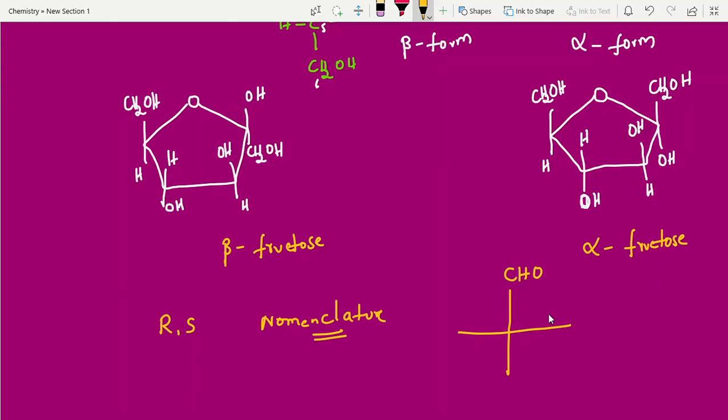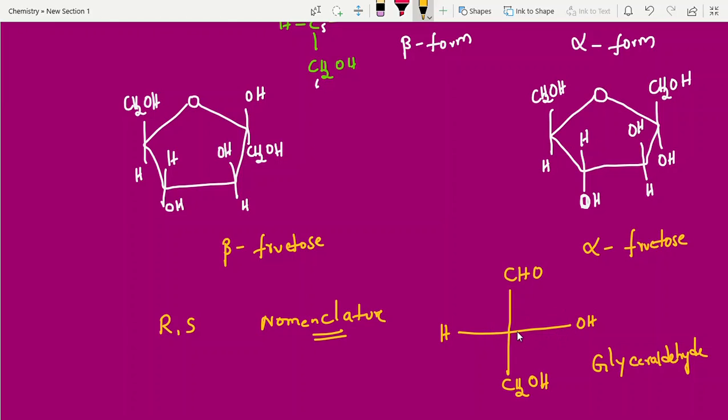One is OH group, one is CHO group, one is R means hydrogen here I am taking. This is CH2OH. This is glyceraldehyde. Reference we are taking glyceraldehyde. So we are talking on paper D-glucose, L-glucose, D-fructose, like that. We are talking. What is this? On what basis they had given here?